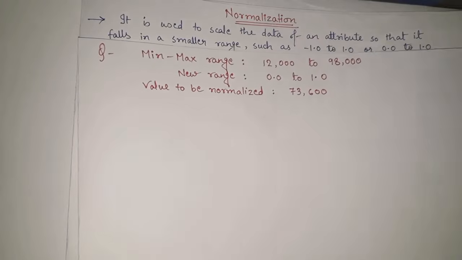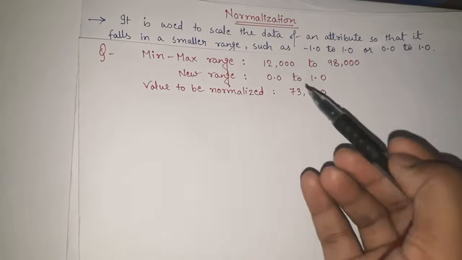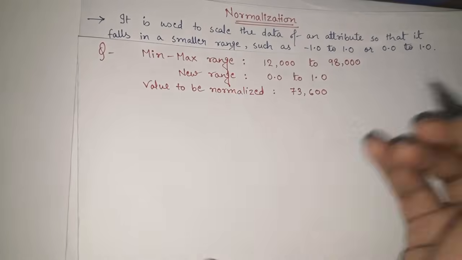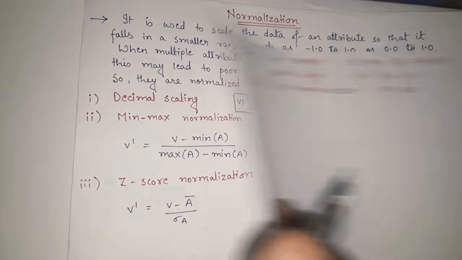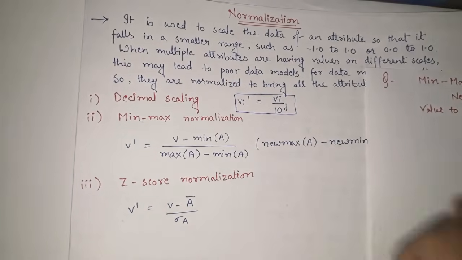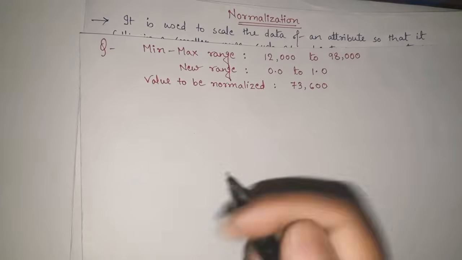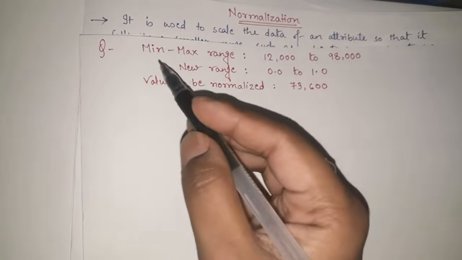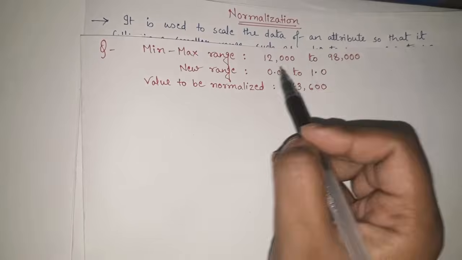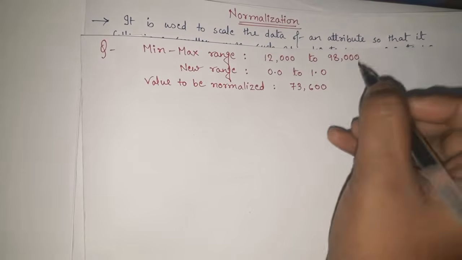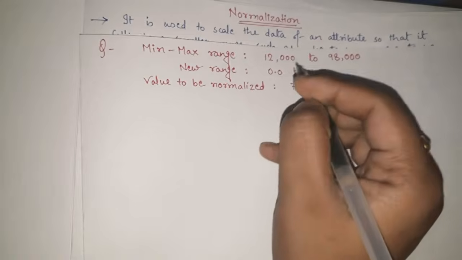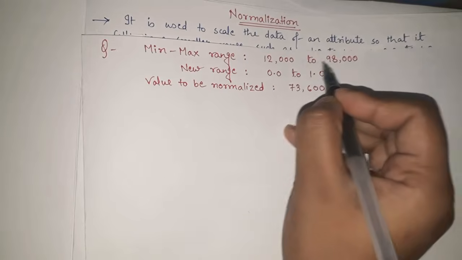For example, this question is given to you and you are told to apply min-max normalization on this given data. The data given to us is the min-max range. The normal range of the given data is 12,000 to 98,000.